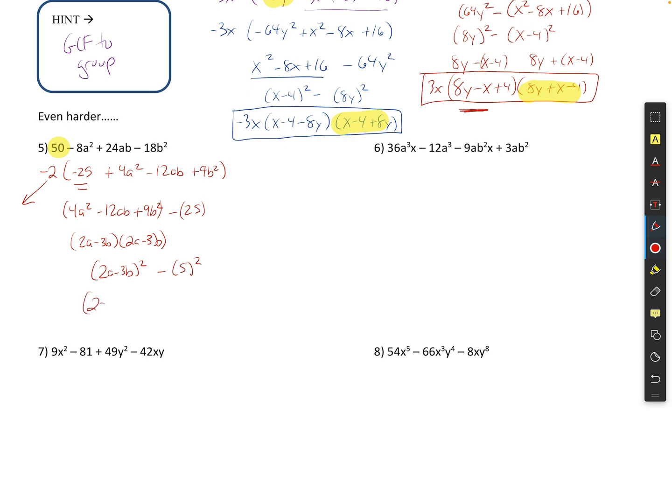So I have 2a minus 3b minus 5, 2a minus 3b plus 5 with a negative 2 in front. All right, so I always look for that odd man out in that piece. I want to throw that piece to the back. Personally, I'm not the biggest fan of this method up here where we're GCFing inside what we've already GCF'd. I'd rather take out a negative to reorganize it right away if possible.